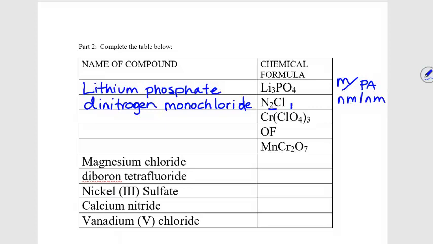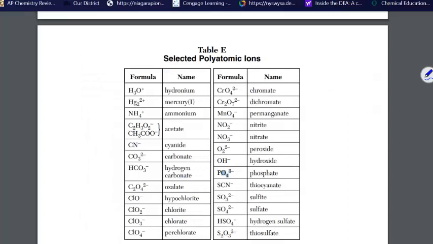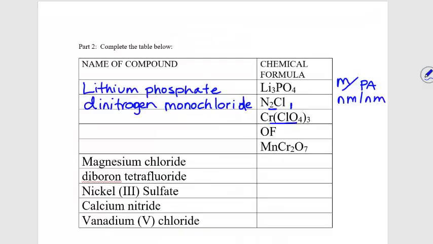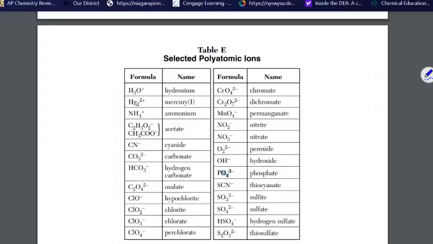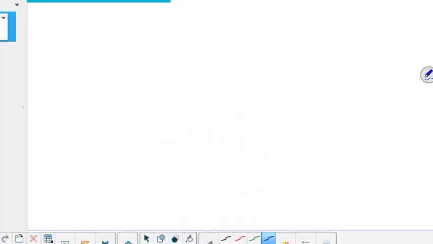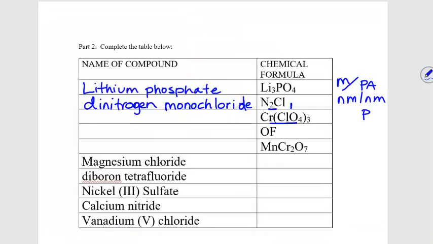And the next one, I see 3 capital letters. So I want to find my polyatomic on table E. And let me look at that one more time. It's ClO4 there. So if we go to table E, you'll see ClO4 is right there. That's perchlorate. So this is a polyatomic.